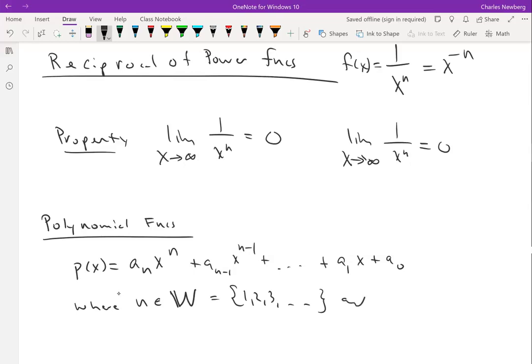And a_0, a_1, a_2, dot dot dot, up to a_n are elements of the real numbers. Give you a chance to get that notation written down, and you'll start seeing this for polynomials more and more as you move up your classes.